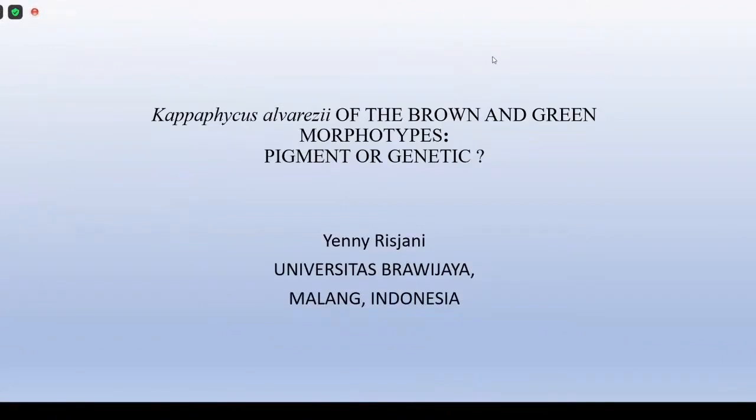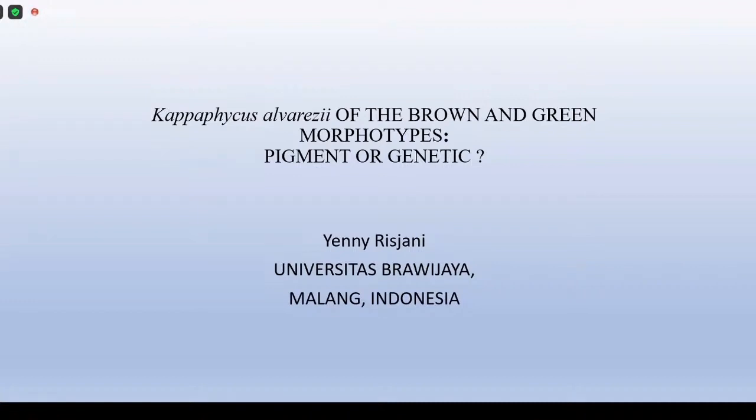the title is about Kappaphycus of the brown and green morphotype. We can see that there are two types of macroalgae in Indonesia: brown and green morphotype. So we use the title pigment or genetic.